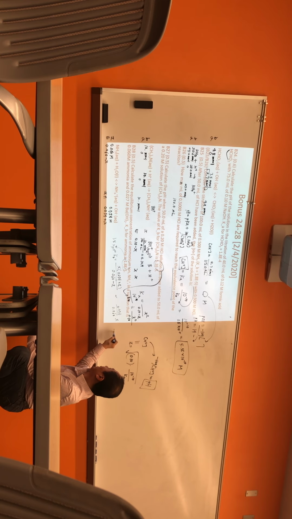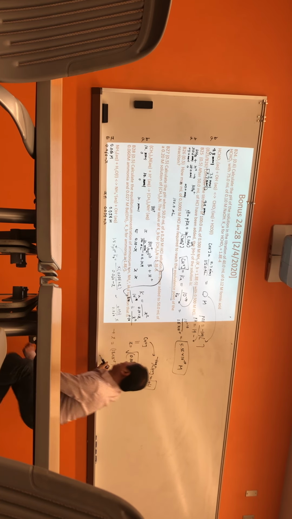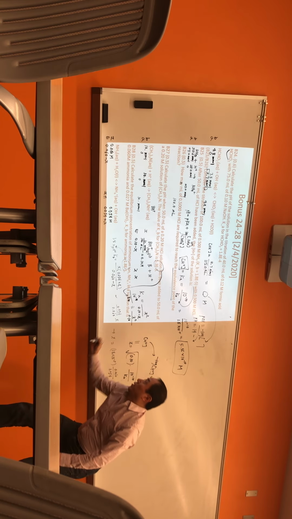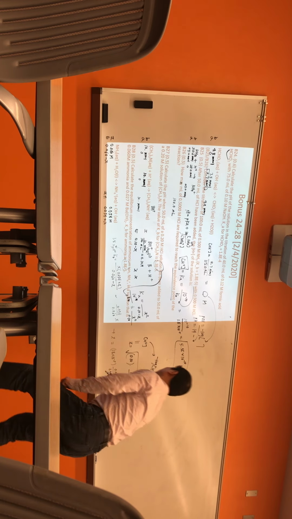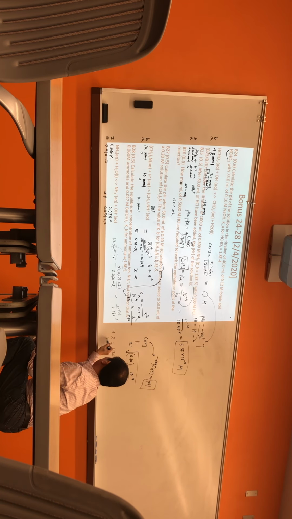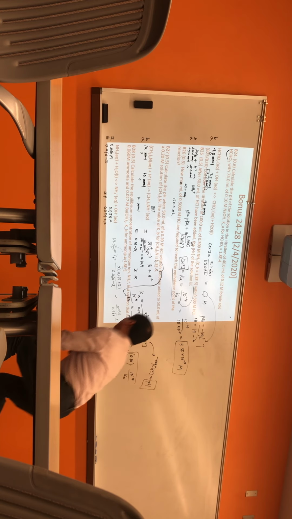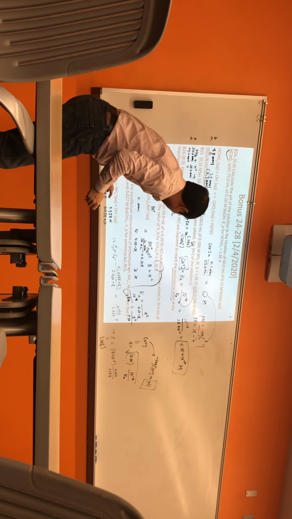So you can find out x as 1.8 times 10 to the minus 5 times 0.060, because you have to flip, over 0.054. And x is my NH4 plus, the ammonium ion, and that's what they are asking.